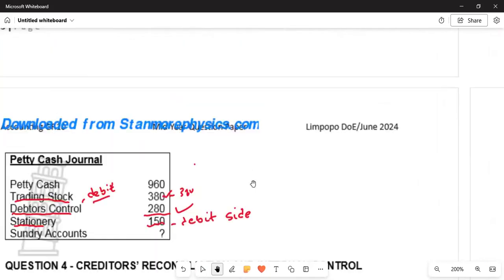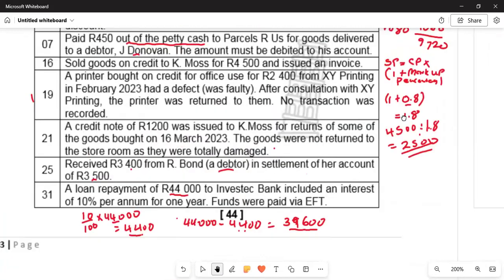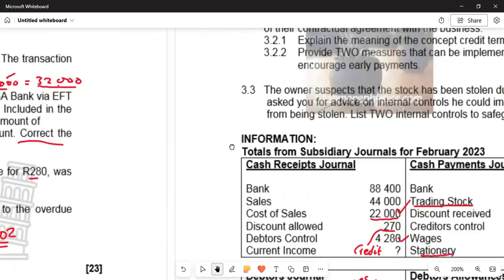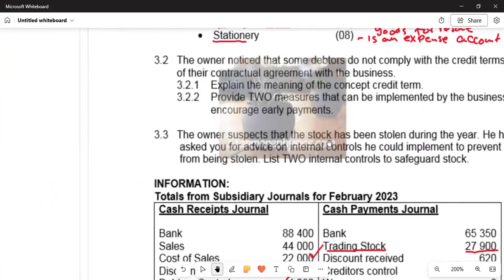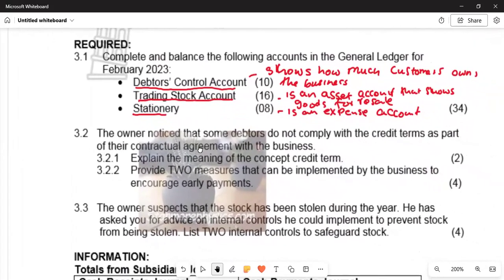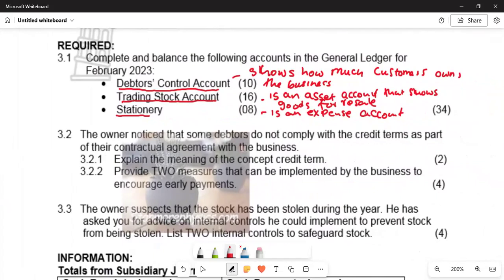Under question 3, 3.2.1. It says the owner noticed that some debtors do not comply with the credit terms as part of their contractual agreement with the business.